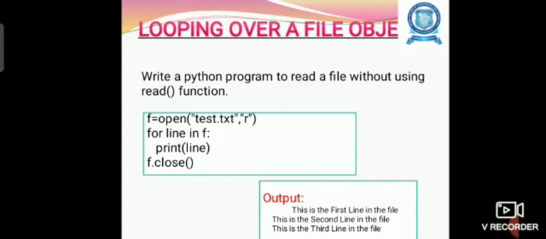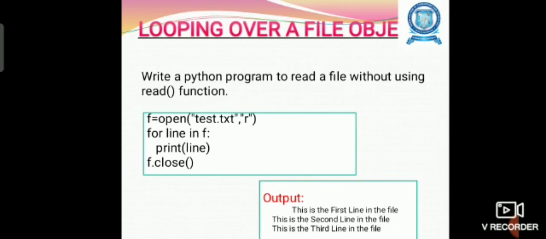Here we have to think about one more thing: how many times will the for loop get executed? It is based upon the number of lines present in the file. As per our file, having 3 lines, no? The for loop gets executed 3 times. The first time, the first line will be produced in the line variable.